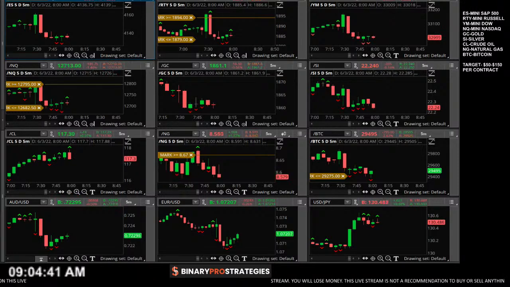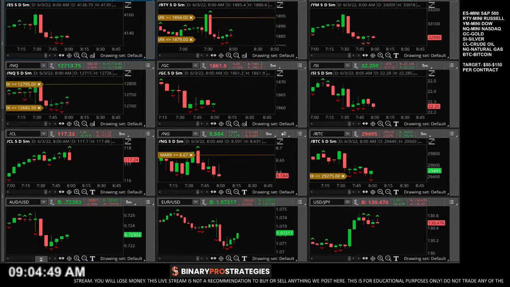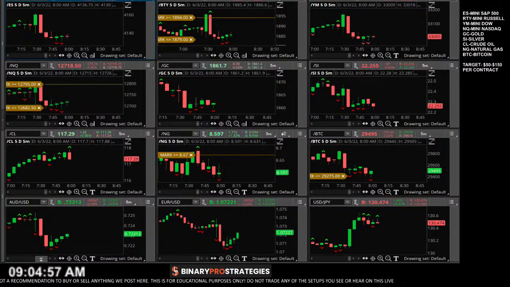And then if we need to reverse, profit target hit. Something just hit profit target. If we need to reverse on Bitcoin, it's got to be 304 even. 30,400. That would be the reversal on Bitcoin.